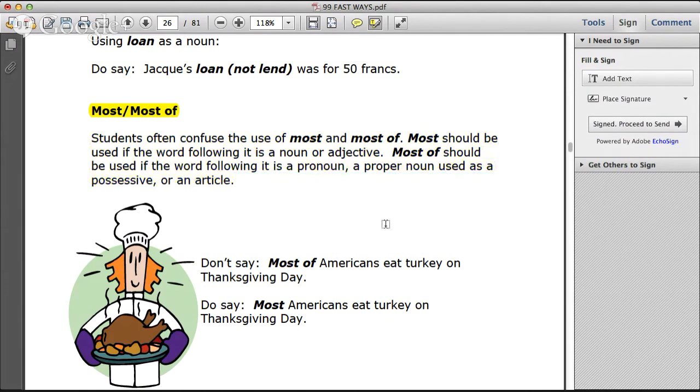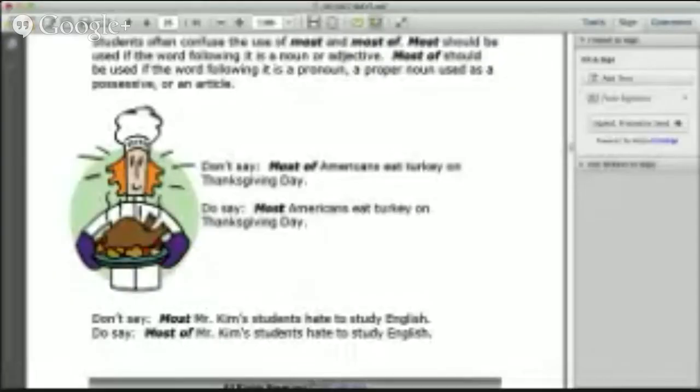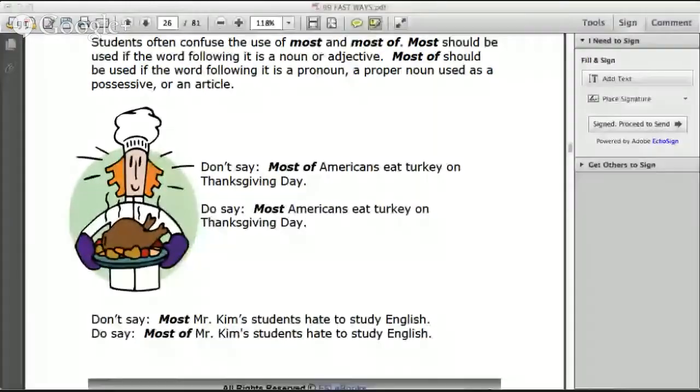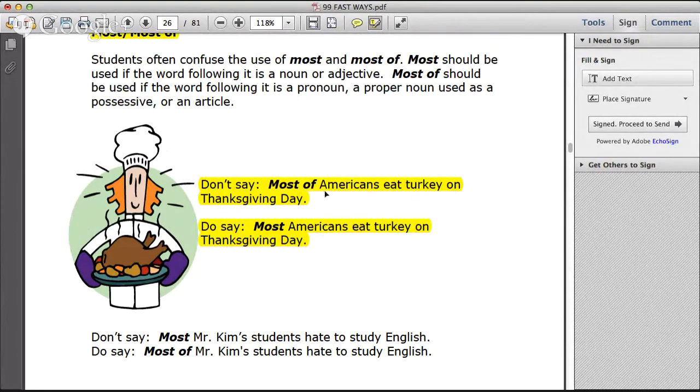All right, and this is one that I hear quite often as well. Let's go to Francisco. Francisco, let me have you read the first two here: the don't say and the do say, please. Don't say most of Americans eat turkey on Thanksgiving Day. You say most Americans eat turkey on Thanksgiving Day. Okay, very good. Why?